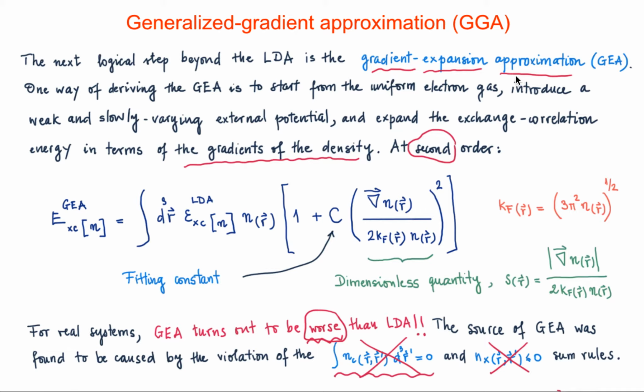So what was the next step? Because in principle it looked reasonable that a gradient expansion should be better than the LDA approximation. The next step was basically the generalized gradient approximation. So they found an appropriate way to make this gradient expansion work. How?